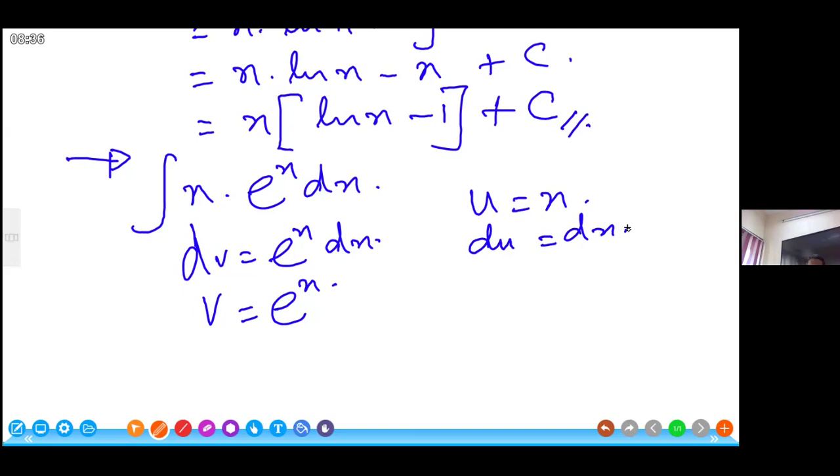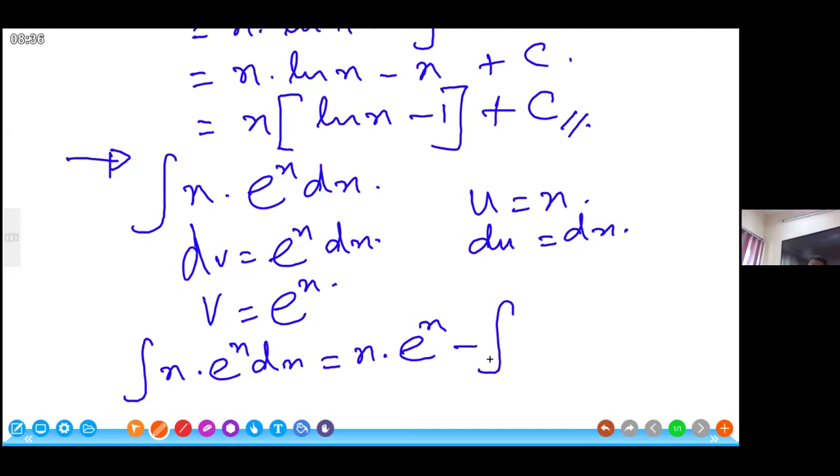Now fill the blank. Integration of x into e to the power x dx can be written as u, that is x, into v, e to the power x, minus integration of e to the power x, which is v, into du, that is dx.